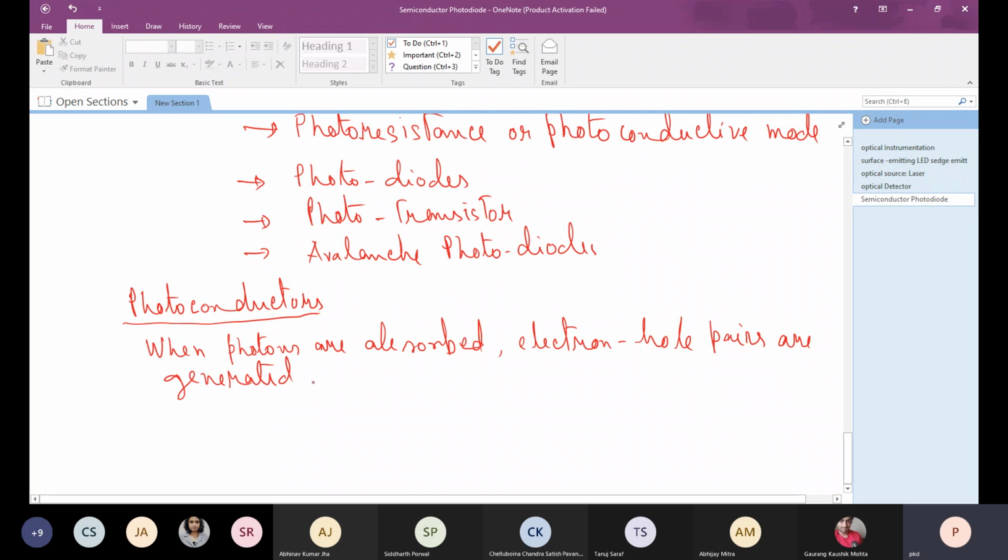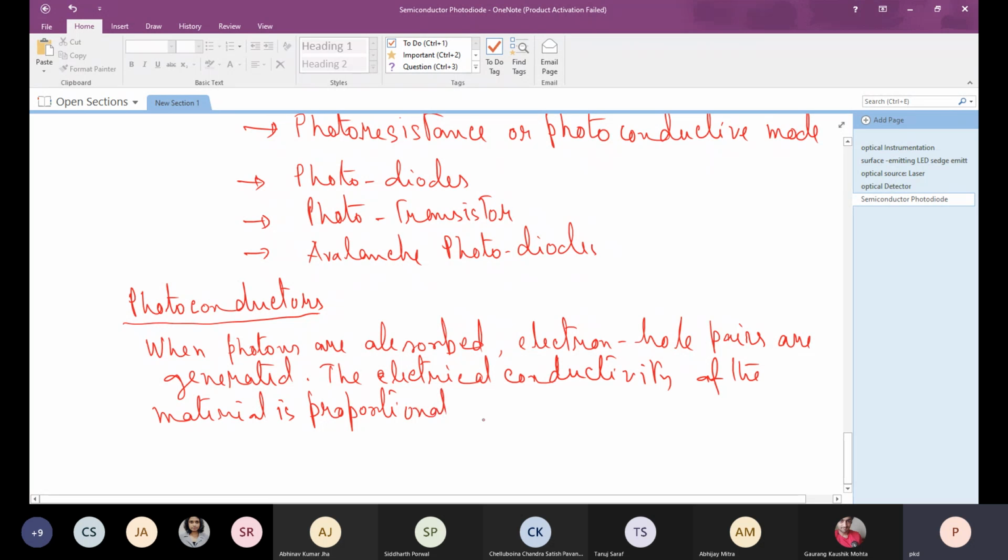For every successfully absorbed photon, the electrical conductivity of the material is proportional to the amount of the successfully liberated carriers.